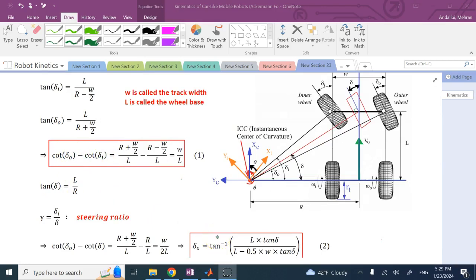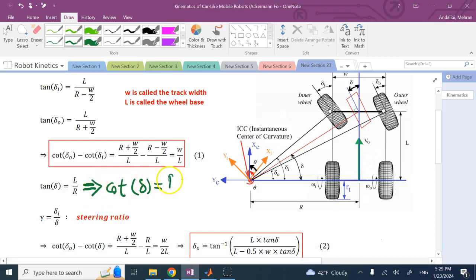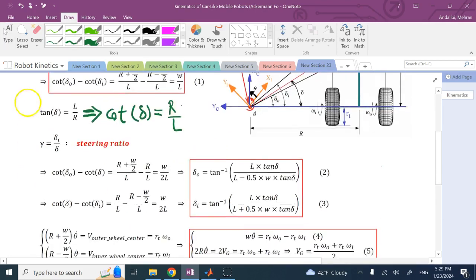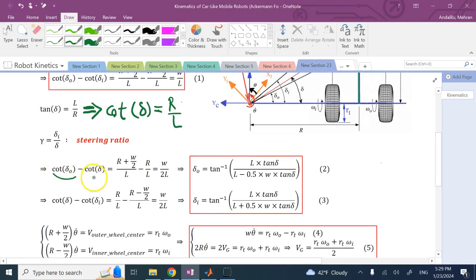Because remember, the cotangent of delta is R over L. So when I take the reciprocal of that, they all have denominator L, and if we subtract, I get cotangent of delta O minus cotangent delta is W over 2L, and similarly cotangent of delta minus delta I is also W over 2L. And what's good about it? From the top one and the bottom one, I can find delta O and delta I as a function of delta.